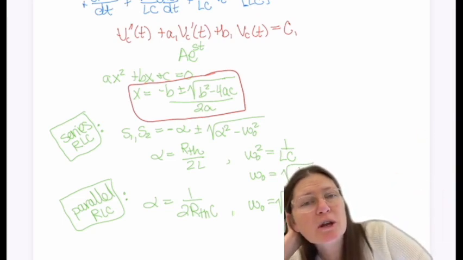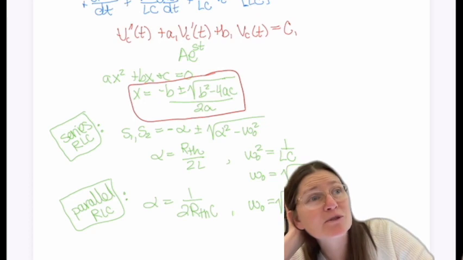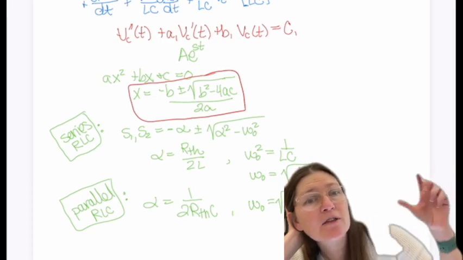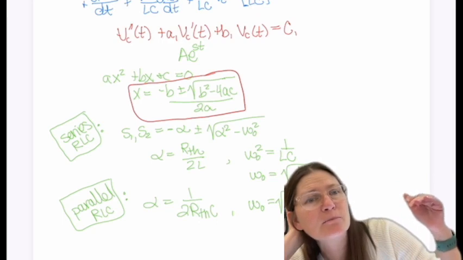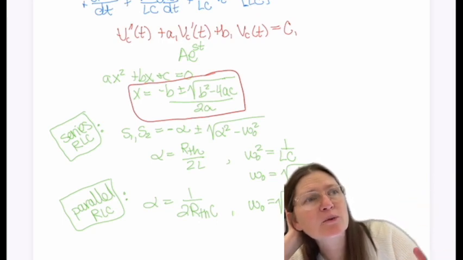So those are going to, in our case, tell us, you know, is it overdamped, underdamped, or critically damped? And so we substitute in b, a, and c with alpha and omega naught. And then the roots of the whole thing, which is minus b plus or minus the square root of b squared minus 4ac over 2a, those we consider the roots of the system. And so S1 and S2 are going to be the roots of that solution right there.